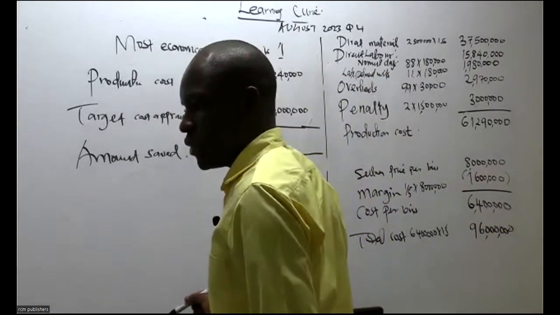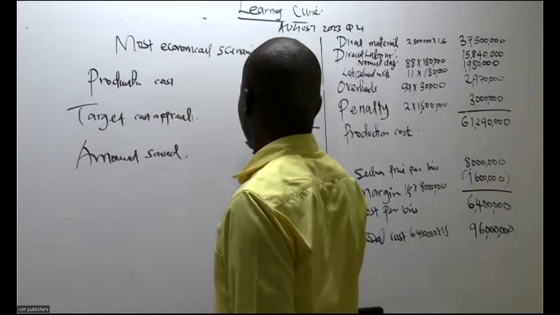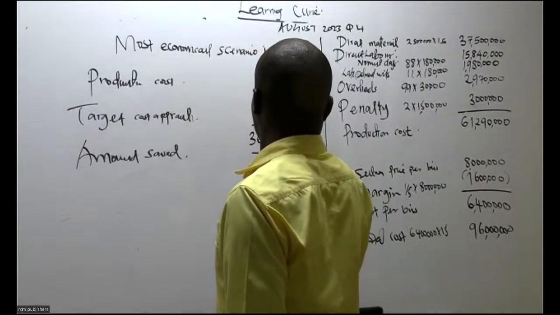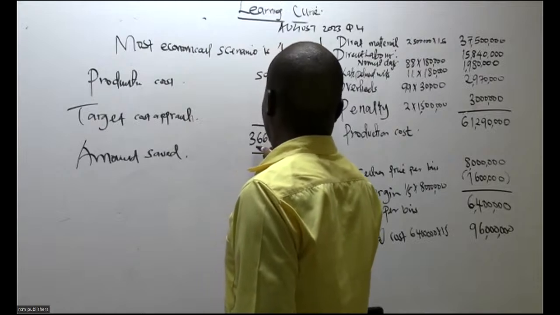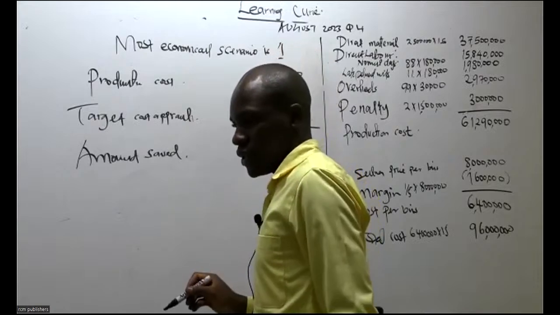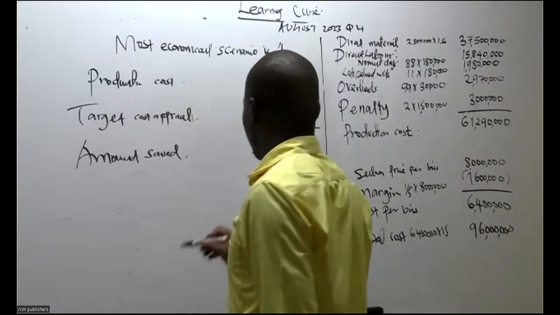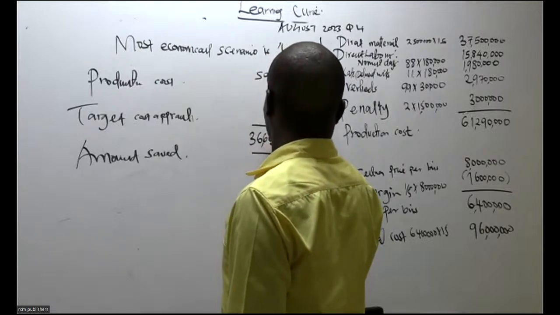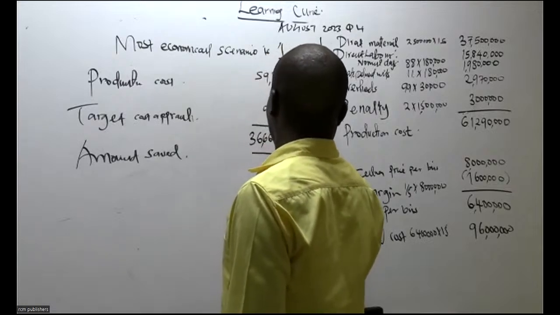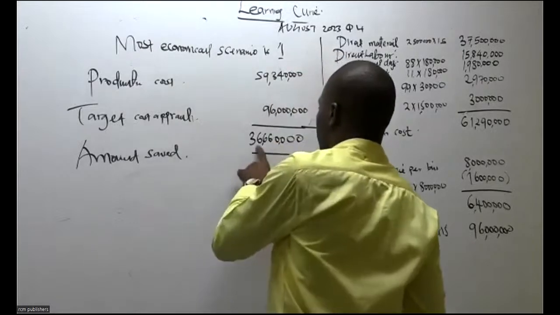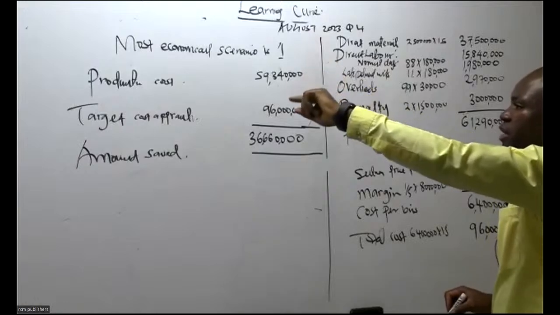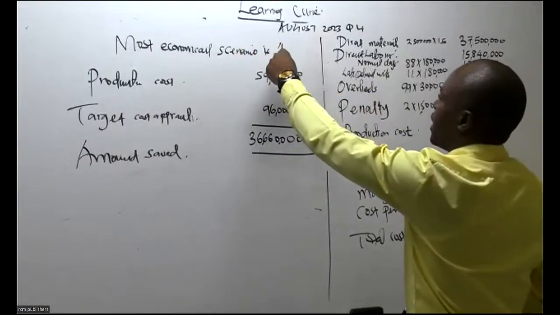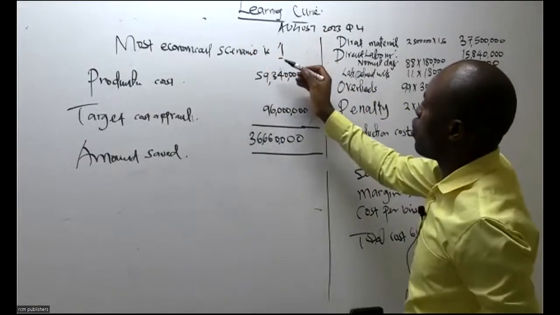Is it 36 million? So that is what they are going to save. That's the amount saved if they use scenario 1, which is the most economical.